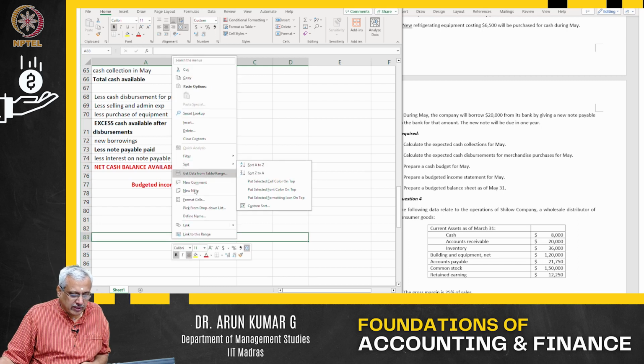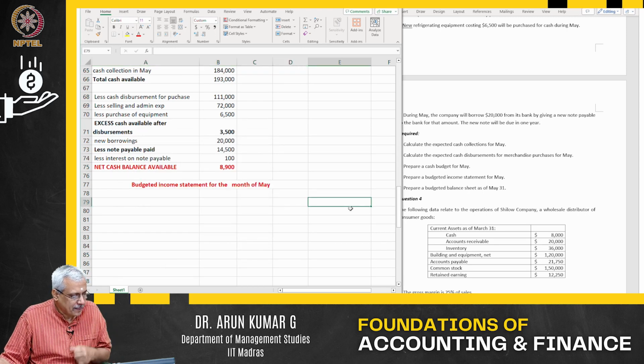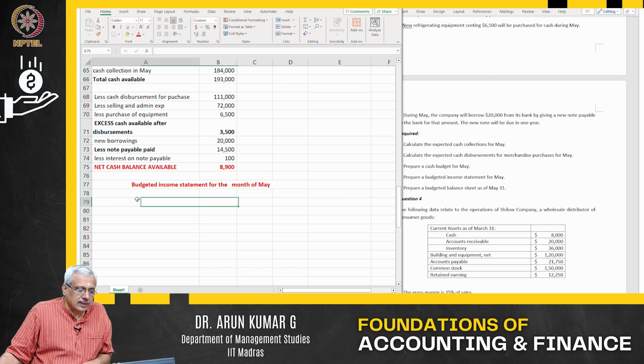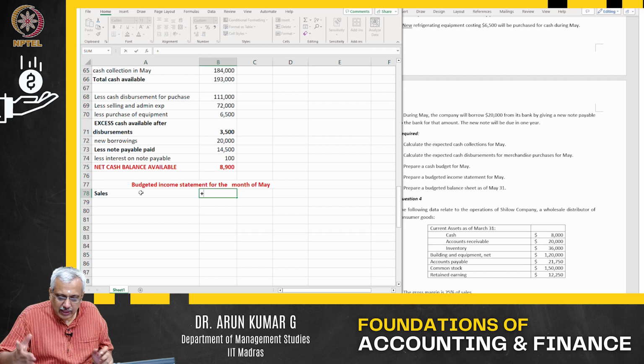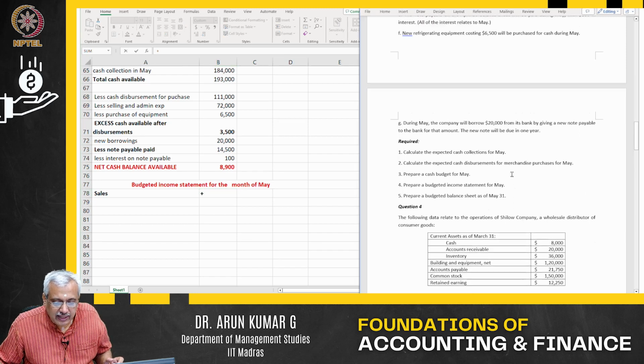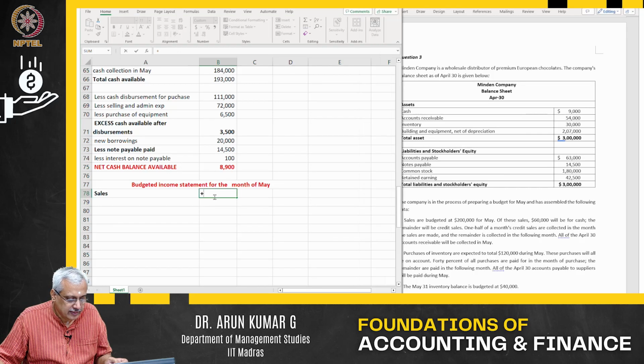That is what we will have to look at preparing. Now, let us see how it takes shape. What is the income statement? First thing, sales for the month of May. We have the sales figure given here. Total sales is 2 lakhs.